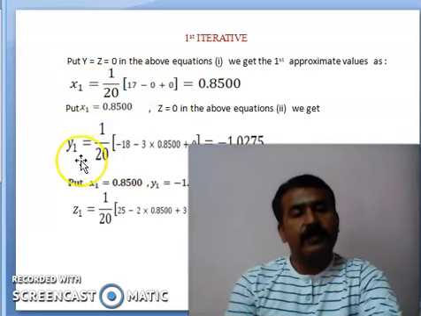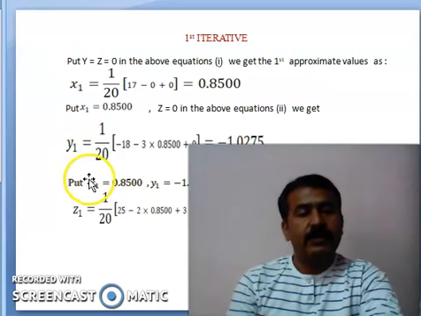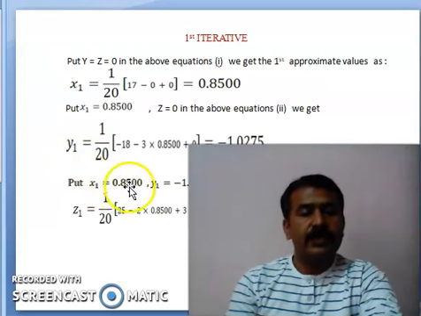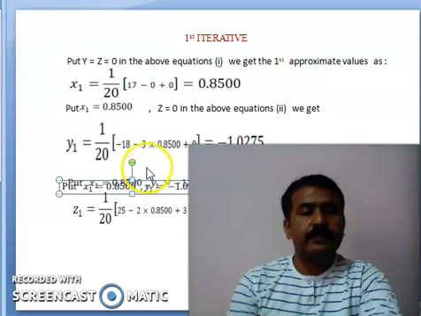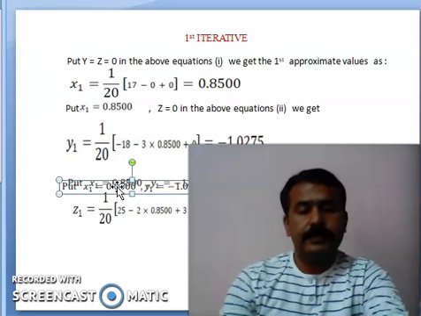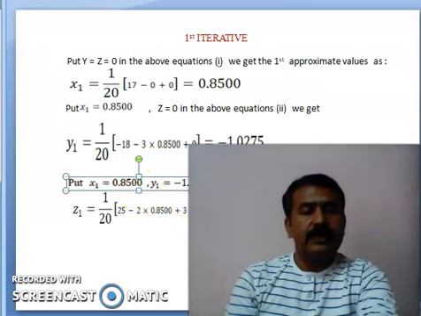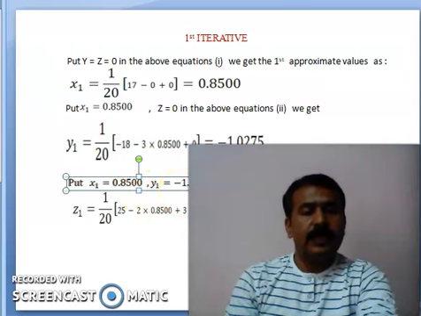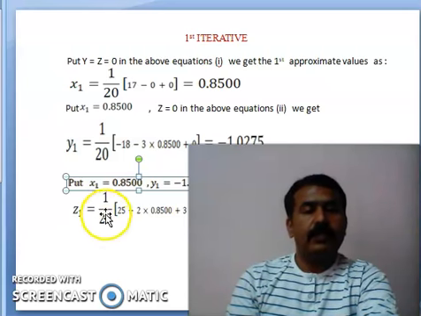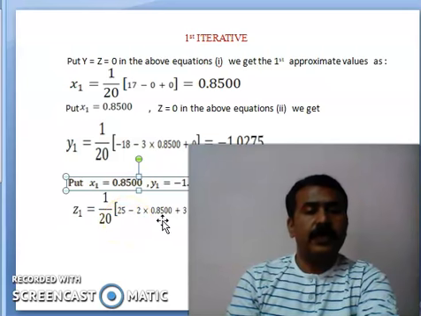Now we already have the values of x1 and y1. For finding the value of z1, putting x1 equal to 0.8500 and y1 equal to minus 1.0275, z1 is 1 by 20 of 25 minus 2 into 0.8500 plus 3 into minus 1.0275.